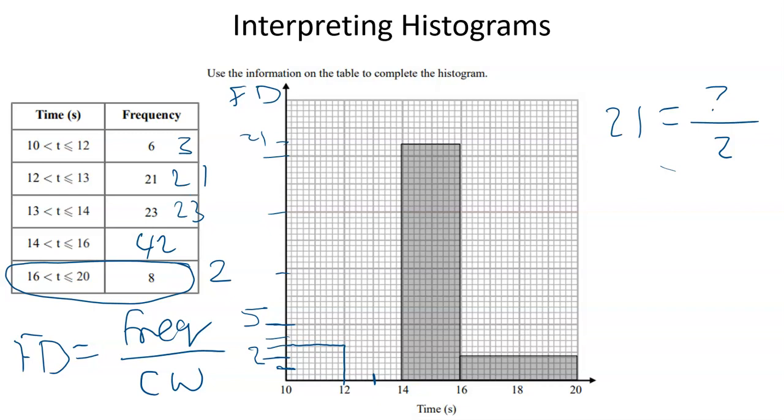It is 21 because we divided it by 1. So we're going up to the same height as this one, so all the way up to 21 and back down. And then this one's 23, so it gets an extra little bit higher on top of that one. And there's our histogram pleasantly completed.